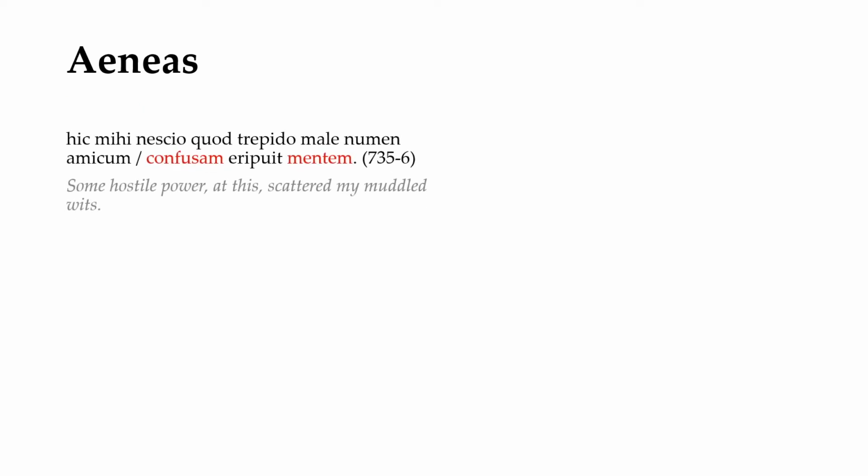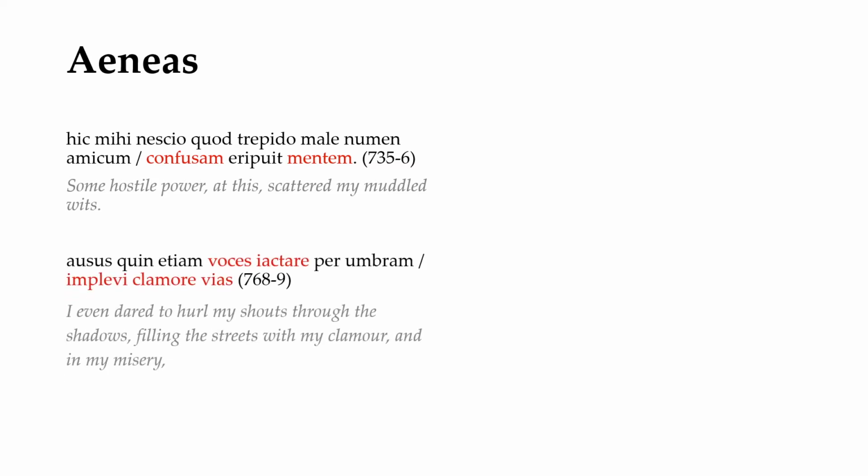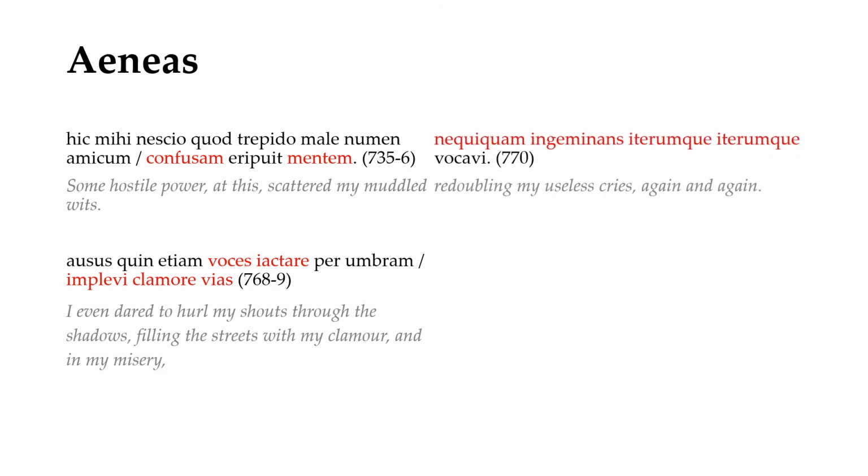Aeneas' fear becomes more evident when he describes his confused mind as he hurls his shouts which fill the streets, calling to his lost wife Creusa. The visual imagery here really heightens the idea of Aeneas' desperation as he searches for his wife again and again, but all in vain.